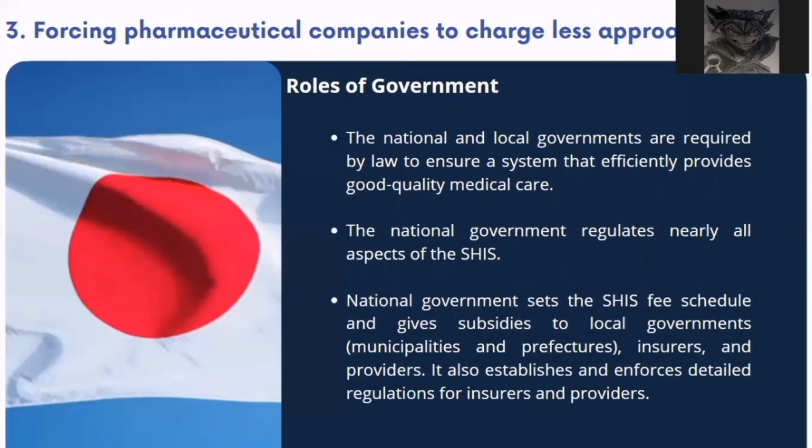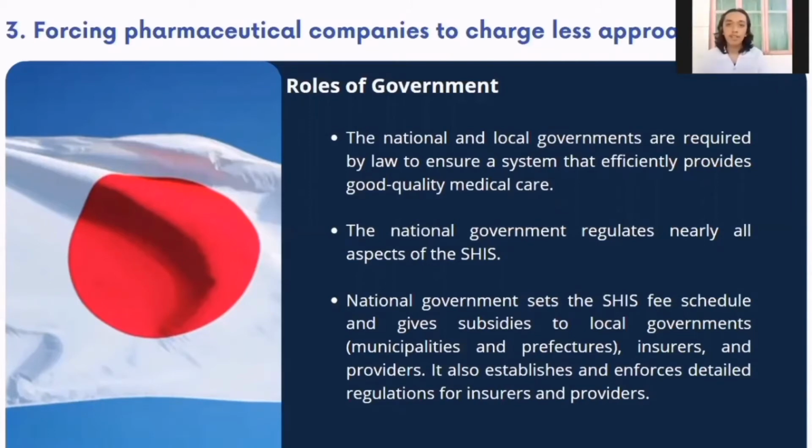Next is the roles of government in Japan. The national and local government are required by law to ensure a system that efficiently provides good quality medical care.